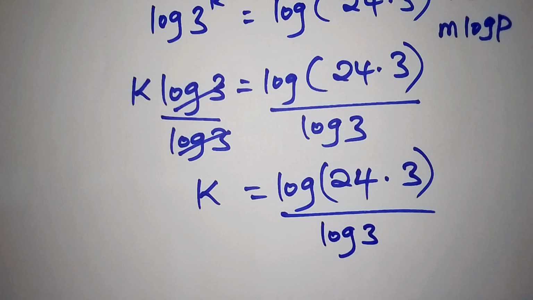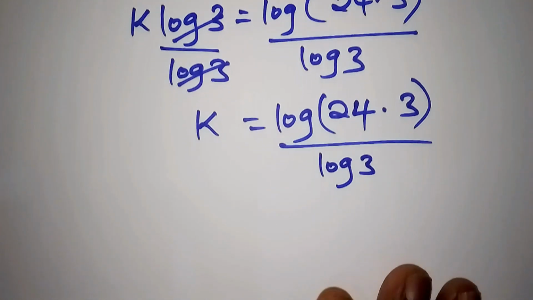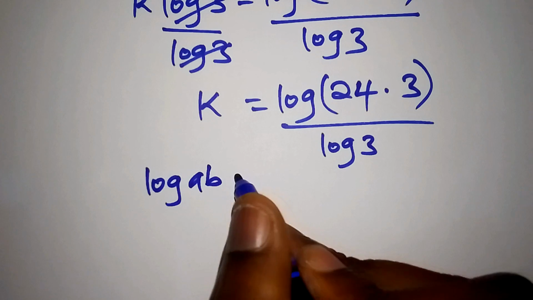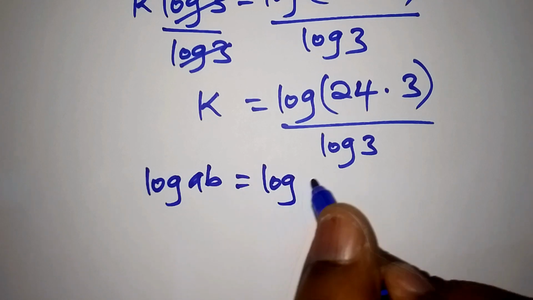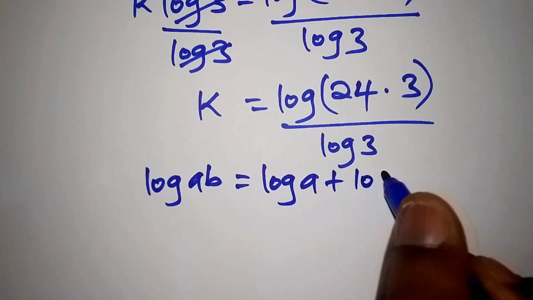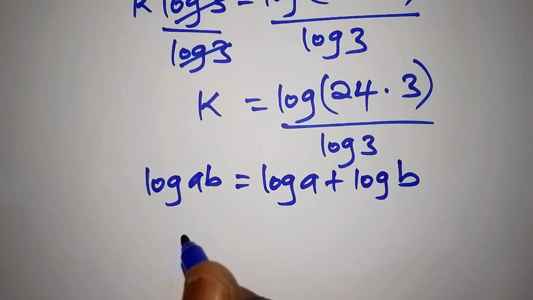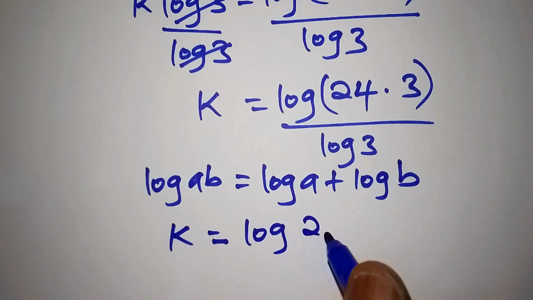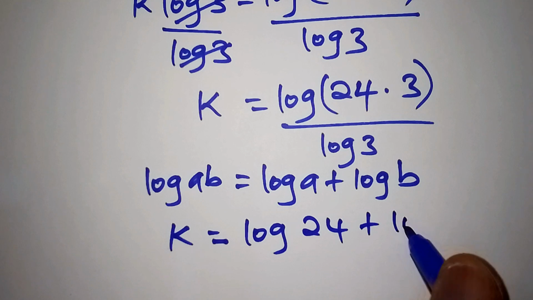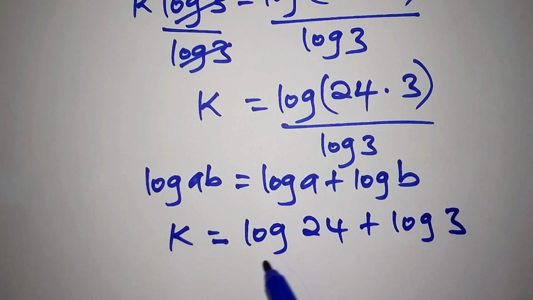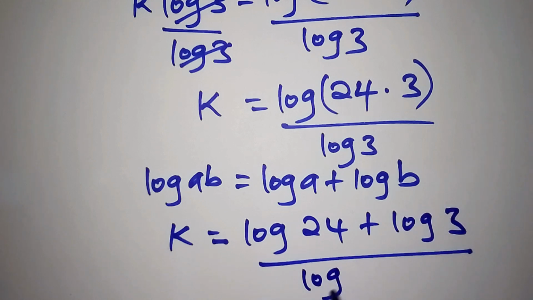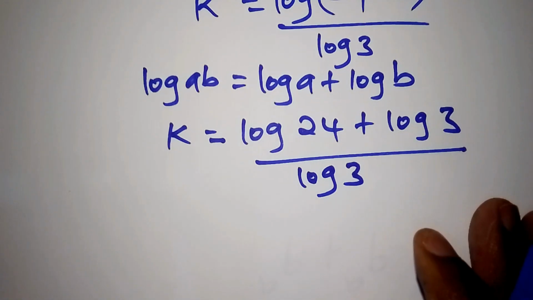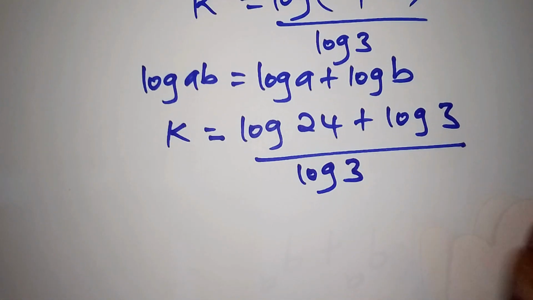So assuming that we have, for example, the log of a multiplied by b, this one can also be written as the log of a plus the log of b. So now our value for k shall be log 24 plus the log of 3, then all over the log of 3. So we shall now divide both sides by the log of 3.